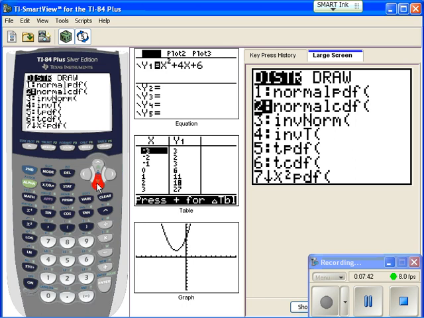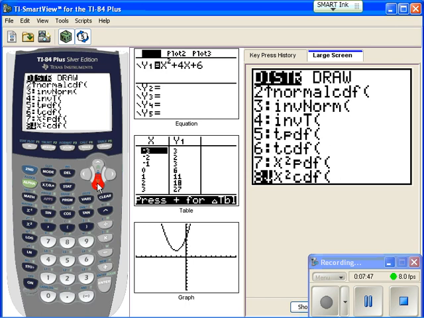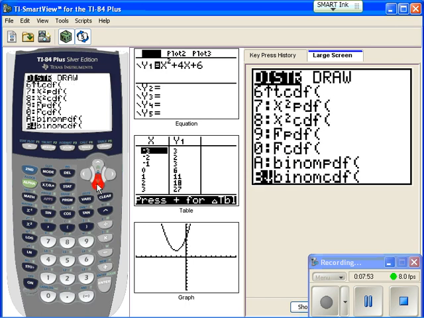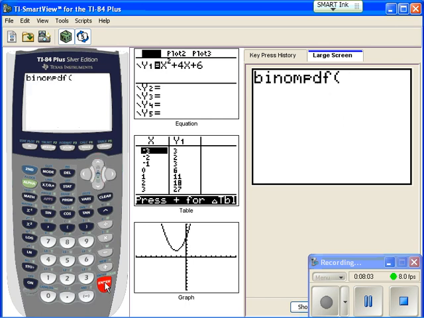If I go down, I will see there are some binomial distributions, A and B. A binomial PDF means probability distribution function. I'm going to type in what I want. I want a probability distribution function of 5 items, comma, 0.72 is the probability, comma, I only want the number 3, where 3 of them are in favor of a change in working conditions.